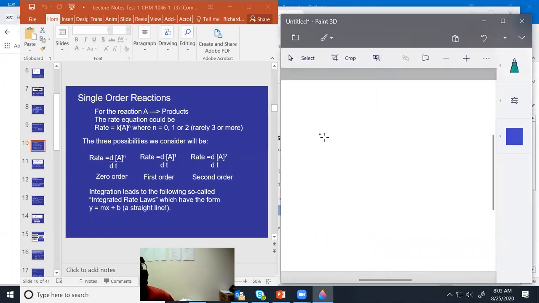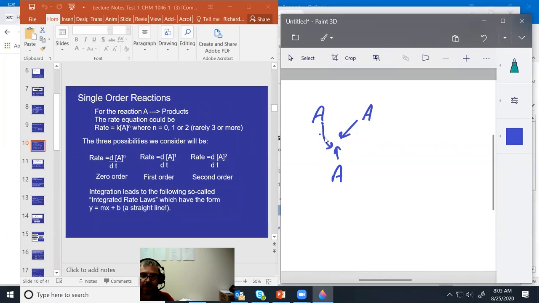The kind of situation we'd be looking at would be this: A, and A. If the order was 3, what we're talking about here is a simultaneous collision of 3 molecules of A to form product. It's possible, but it's pretty rare. So we don't usually consider that kind of reaction order. Right?